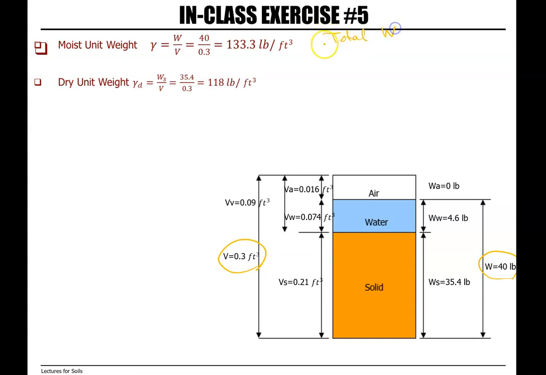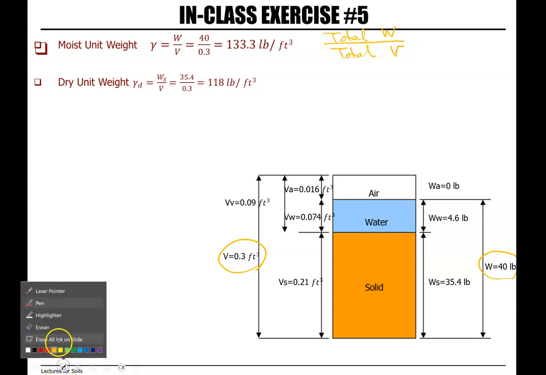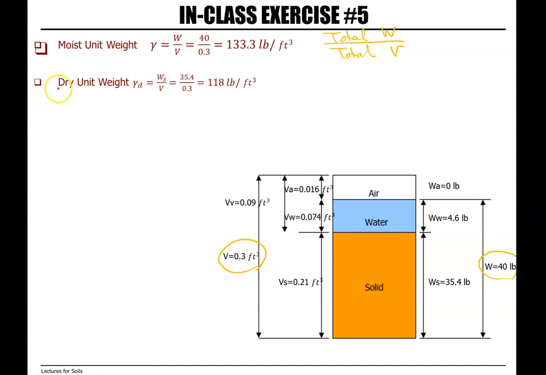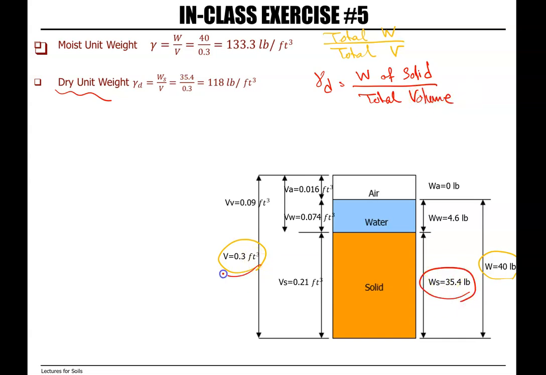Dry unit weight is gamma D, so it's weight of solids divided by total volume. So now we have weight of solids divided by total volume.